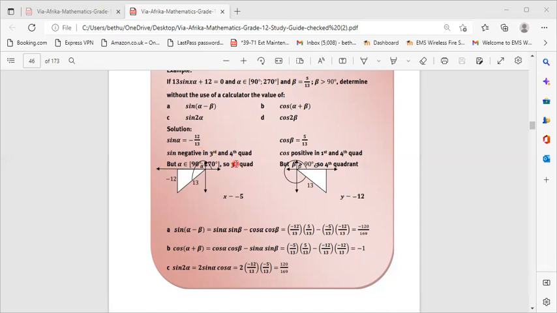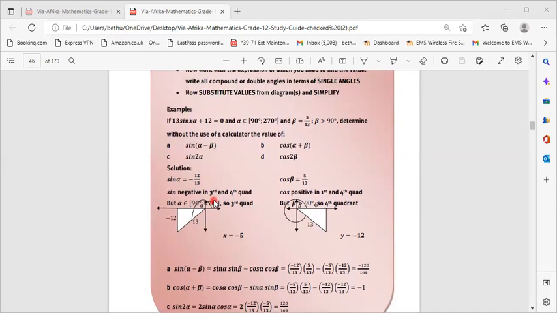So, friends, where is sine negative? It is negative in the third quadrant and also in the fourth quadrant. But what do they tell us about alpha? That alpha is an angle between 90 degrees and 270 degrees.